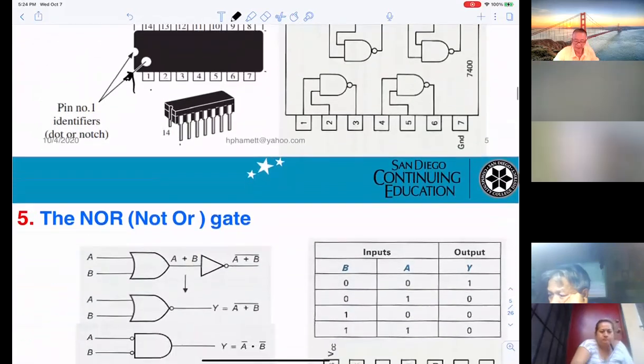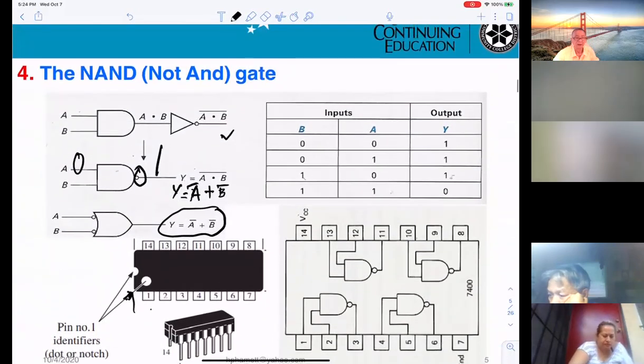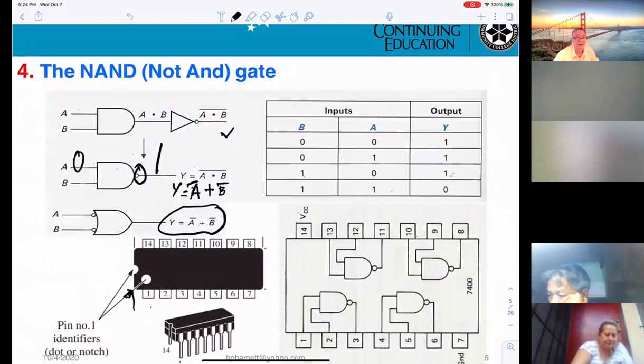Mr. Pham, I'm sorry. Is figure number 3 an XOR or a NAND gate? Which one? The last figure. You're talking about the one displayed right now, right?